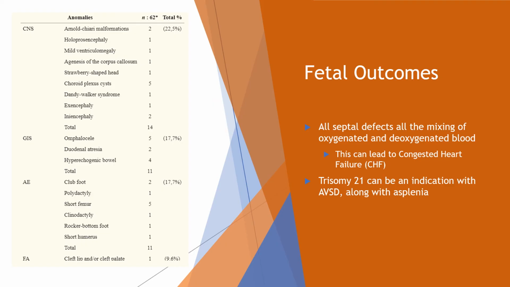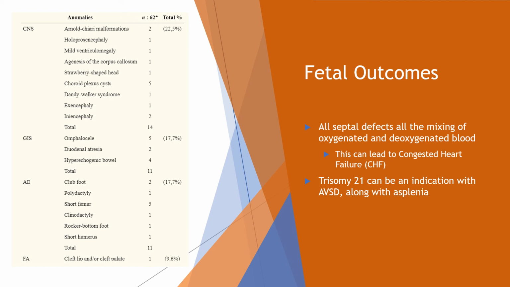Fetal outcomes. All septal defects are the mixing of oxygenated and deoxygenated blood. And when that happens, this can lead to congestive heart failure. Another outcome can indicate trisomy 21 if you have an atrioventricular septal defect.